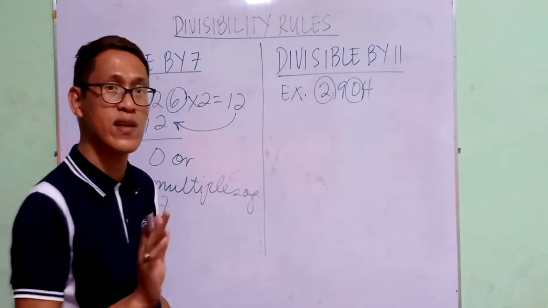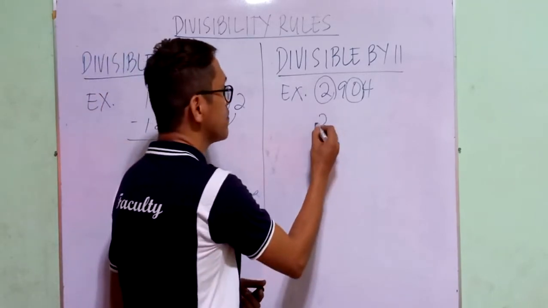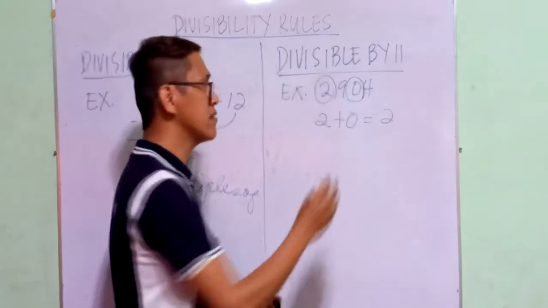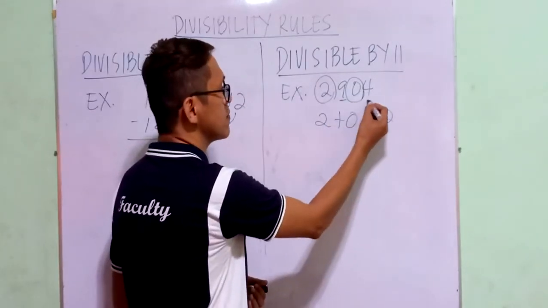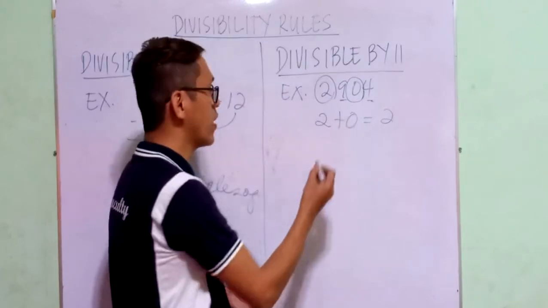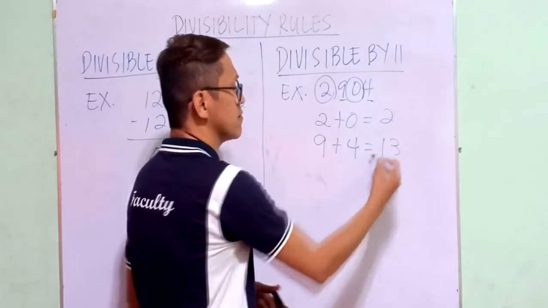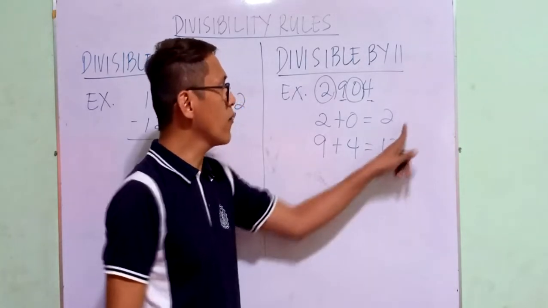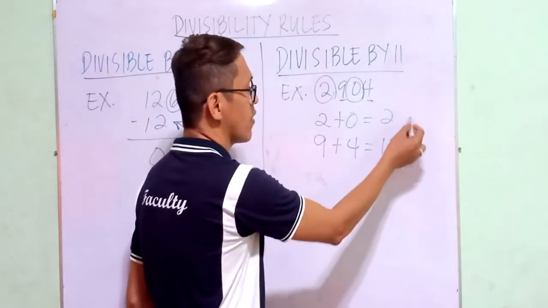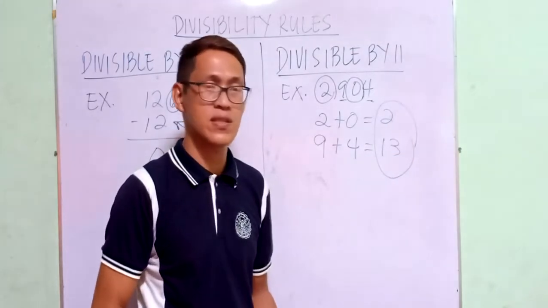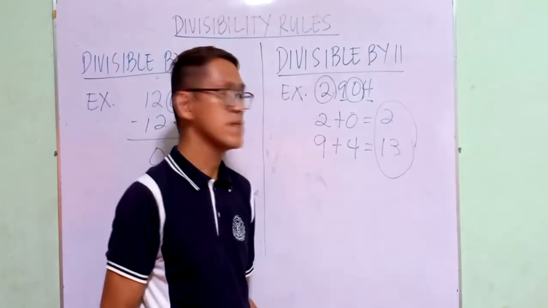What will you do with 2 and 0? You simply add them. 2 plus 0, that's 2. The next alternate digits are 9 and 4. So it's 9 plus 4, that's 13. And after that, what will you do? You get the difference of these two sums.